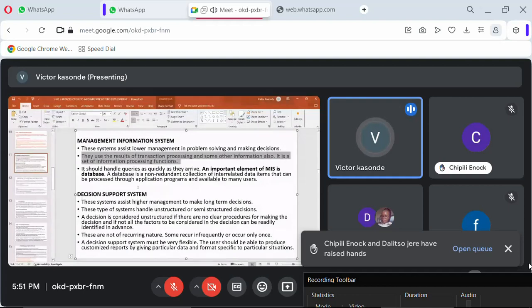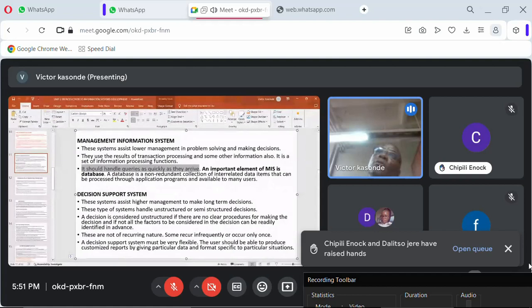They have transacted. That's why they are saying this management information system should handle queries quickly as they arrive, meaning they are supposed to be accessed. They are saying an important element of information is the database.